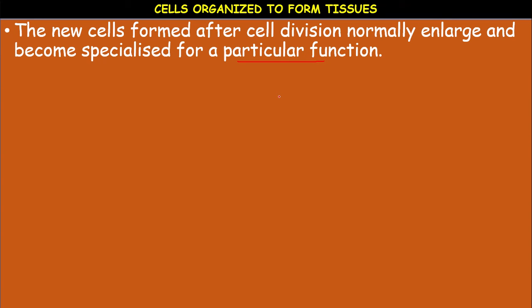For example, the cells which are present in the roots will perform the functions of root. The cells which are present in the stem perform the function of the stem, and the cells which are present in the leaf perform photosynthesis. Okay, children. So, they are organized to perform the specific function.